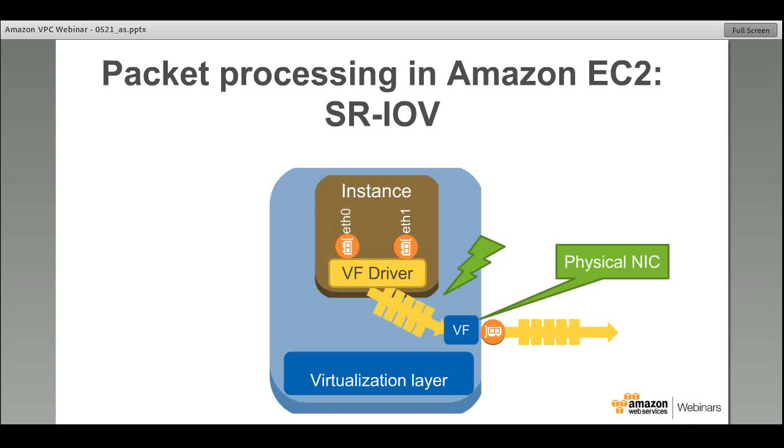Now, what this requires in order to function is a specific driver be installed in the instance, that the driver then knows how to access the virtual function. And then further, it's going to require configuration of EC2 to activate and provide that virtual function for the instance. The industry term for this capability is single root I/O virtualization, SR-IOV, but simply put, we call it enhanced networking.